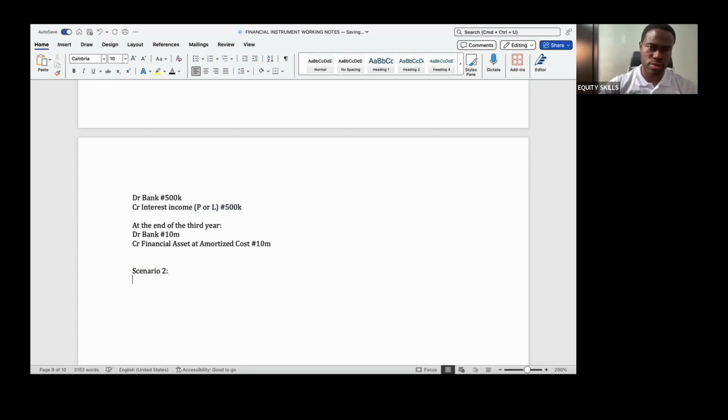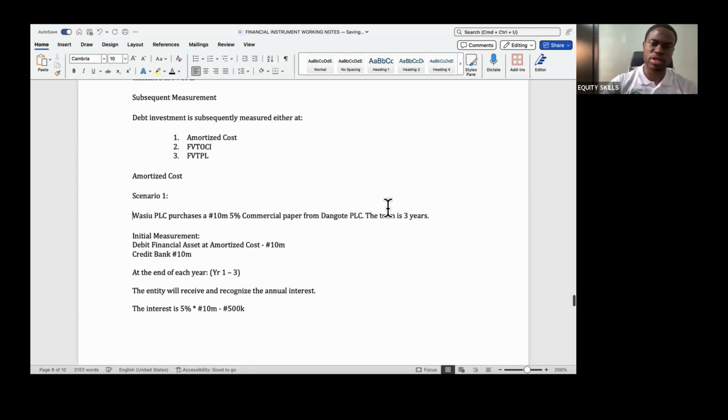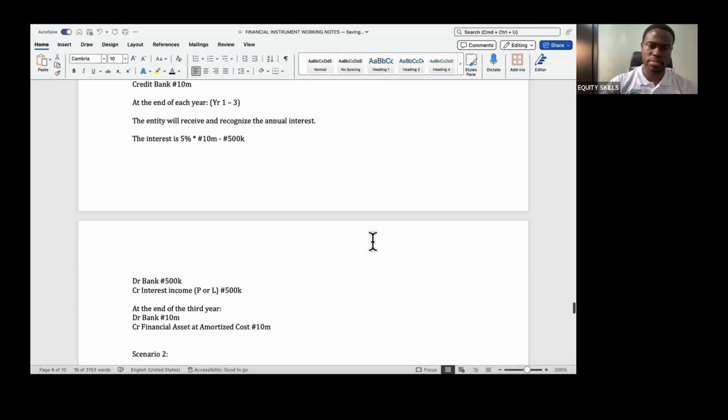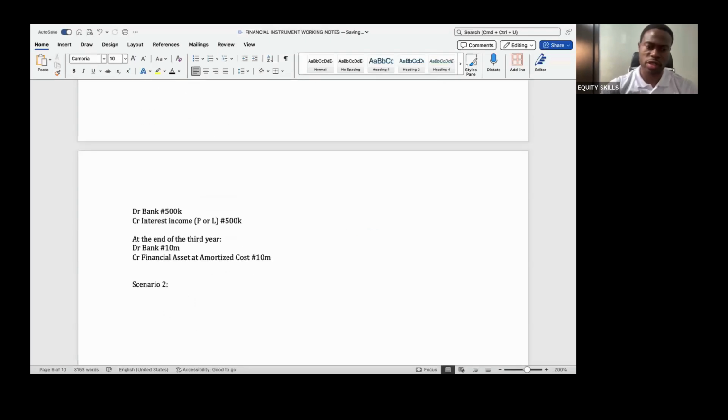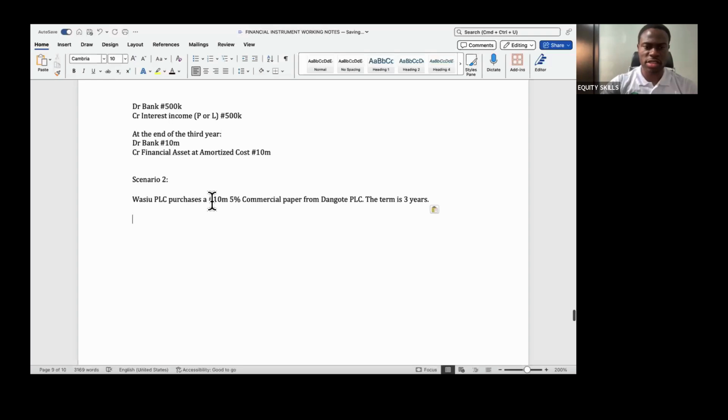which is scenario 2. So let me simply use the same, I'll just add some variations to it. So let's say Wasu acquires or purchases a 10 million, 5% commercial paper from Damgede. The term is 3 years. At repayment, Wasu PLC will get 11 million.